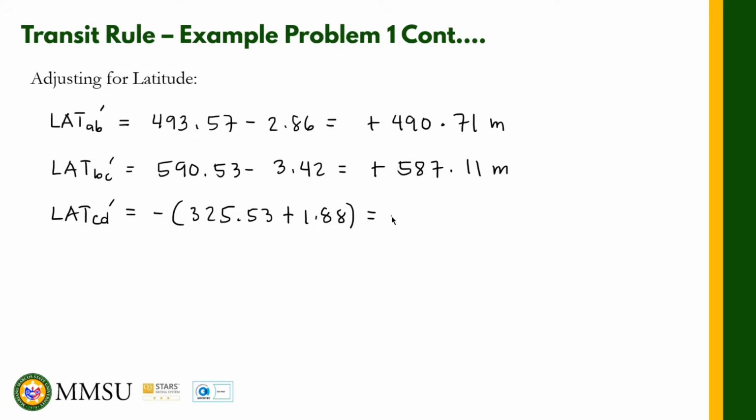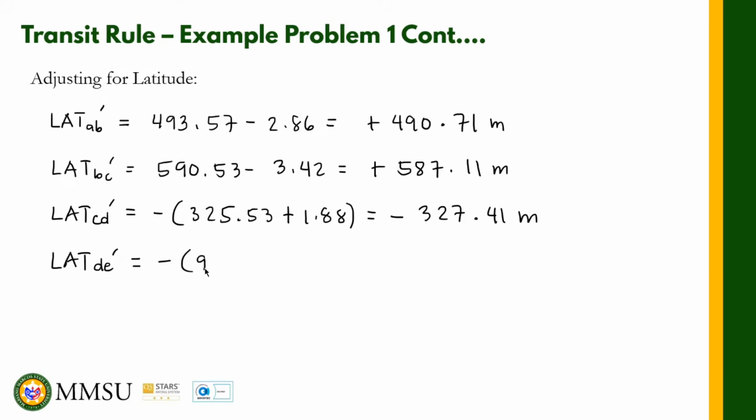So this is equal to negative 327.41 meters. Okay, and then for the adjusted latitude of DE, the original latitude is negative 996.99.